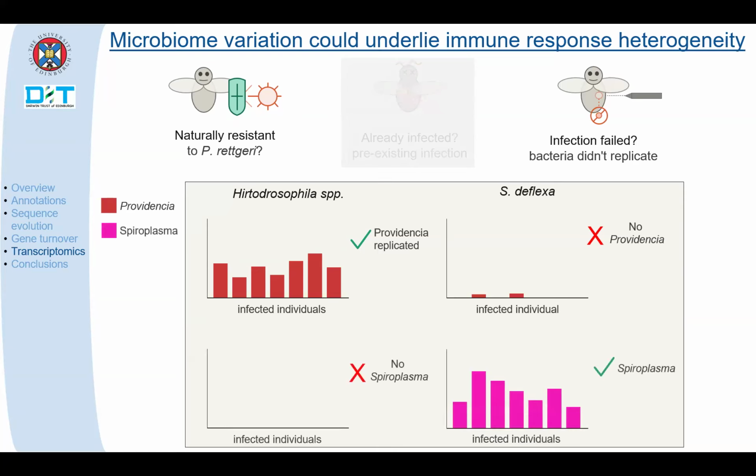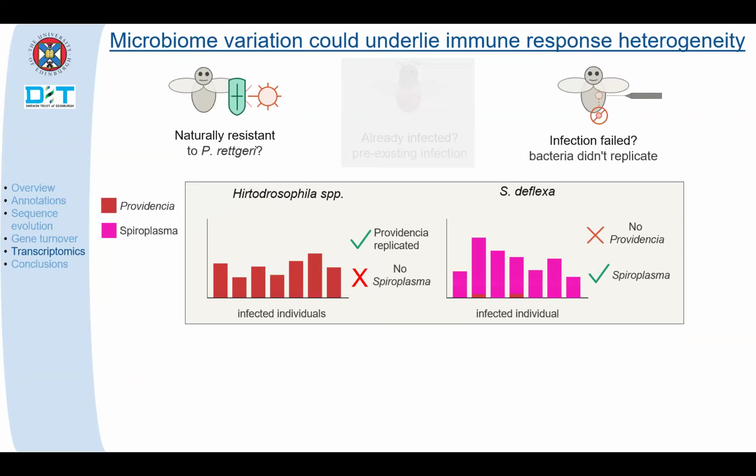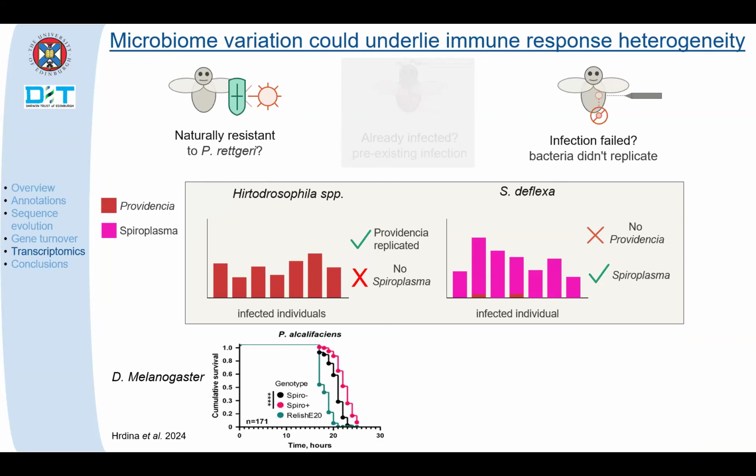Second, we find that the other Drosophila species didn't have any Spiroplasma, but Drosophila reflexa had high levels of Spiroplasma in all the individuals. Spiroplasma is a gram-positive endosymbiont, which is vertically transmitted through the maternal line, and it has been shown to protect Drosophila melanogaster against Providencia alcalifaciens, which is a closely related strain of our pathogen Providencia rettgeri.